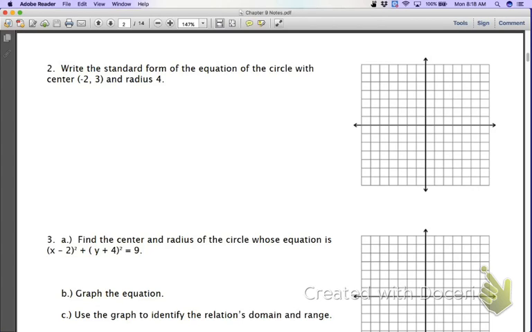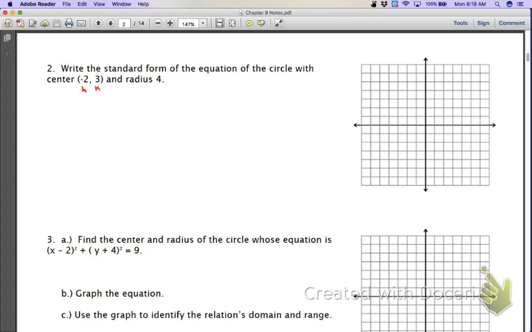Same way on number 2: standard form of the equation, center is at (-2, 3), radius of 4, so just go with my standard formula. Remember, like we just talked about, there's h, there's k.